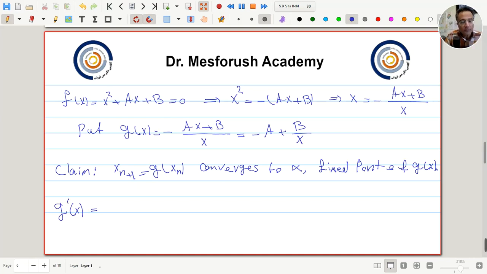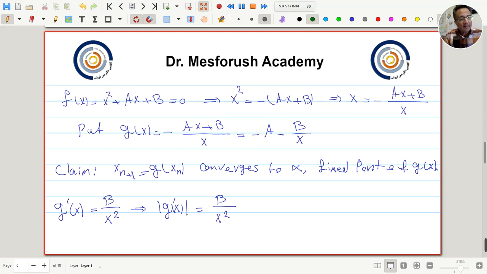If you compute g prime of x, it will be minus b over x squared. So, let me fix this. There is a mistake here. It should be plus. So, g prime of x is b over x squared. If we take absolute value from both sides, we get absolute value of g prime of x is equal to b over x squared.